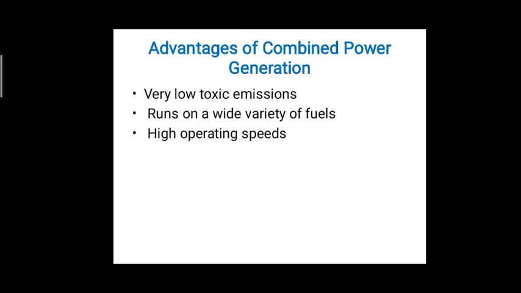As I already said, in a gas turbine power plant, all three types of fuels can be used: amorphous coal, CNG gases, and diesel, petrol, and kerosene. All types of fuels can be used as the fuel. So it runs on a wide variety of fuels and at high operating speeds. The speed of the turbine is more than 3000 rpm, so we are saying it's operated at high operating speeds.